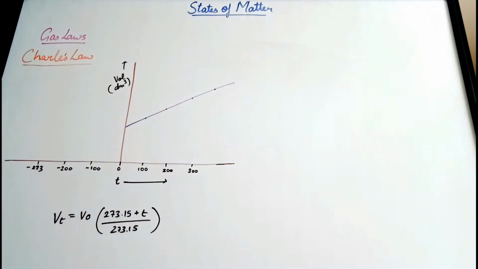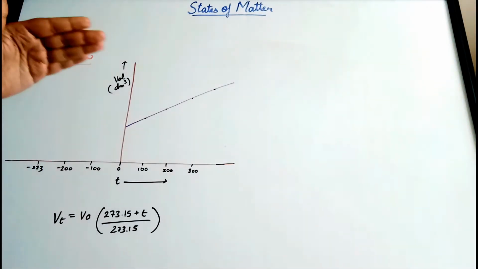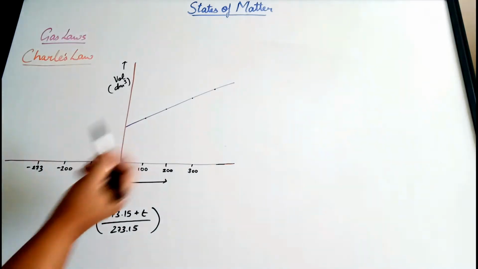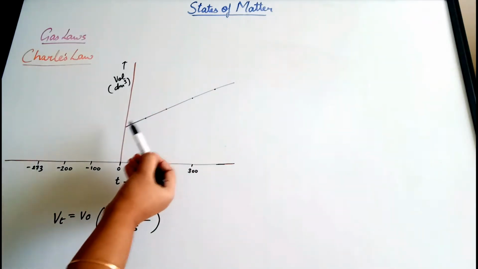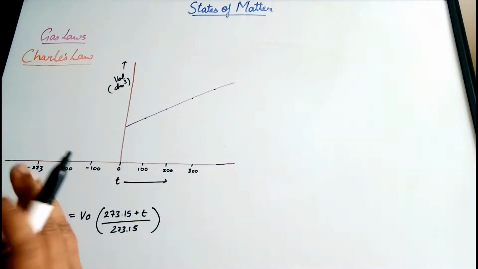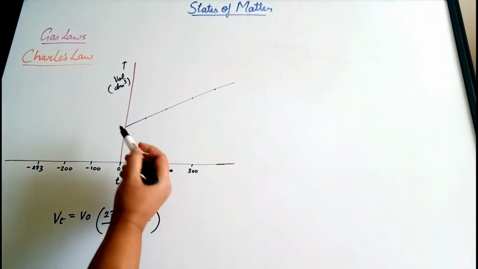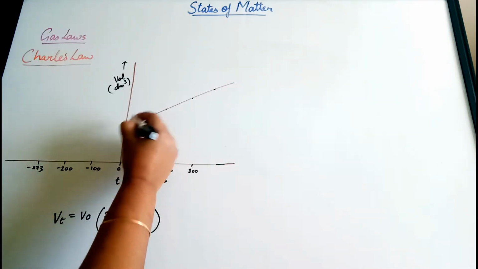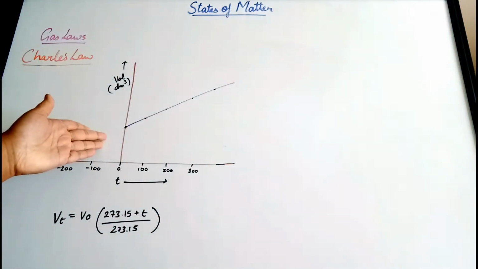When this is plotted on a graph between volume and temperature, they found that there was a straight line. You can see this is a straight line, right? Here, if you notice, this point is not V equals 0.